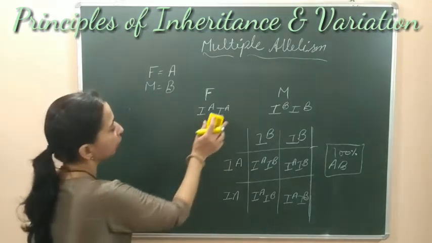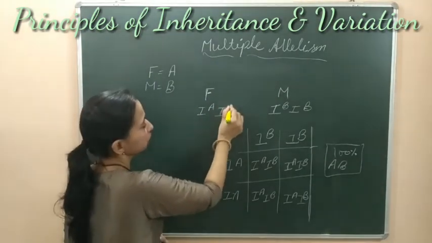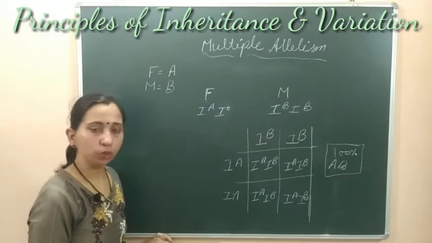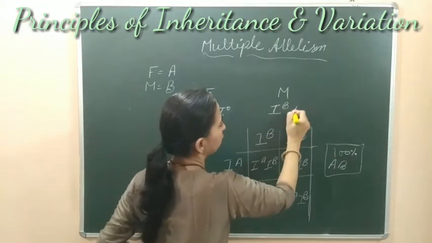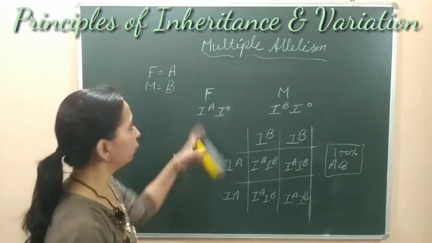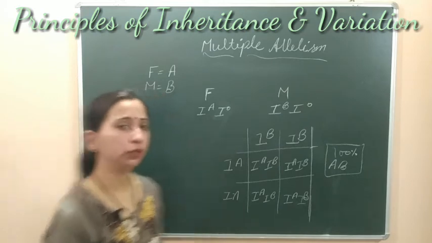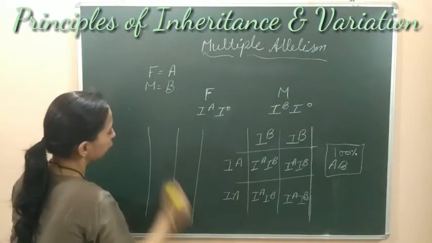The second possibility we saw is when the father's blood group is heterozygous, IA and IO, and the mother's blood group is also heterozygous, IB and IO. Let's see what possibilities arise for both of these.